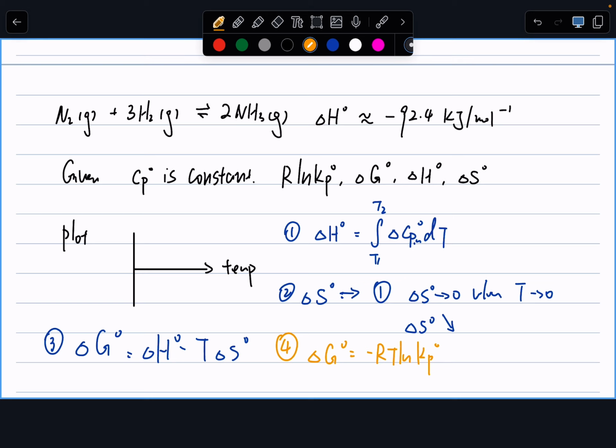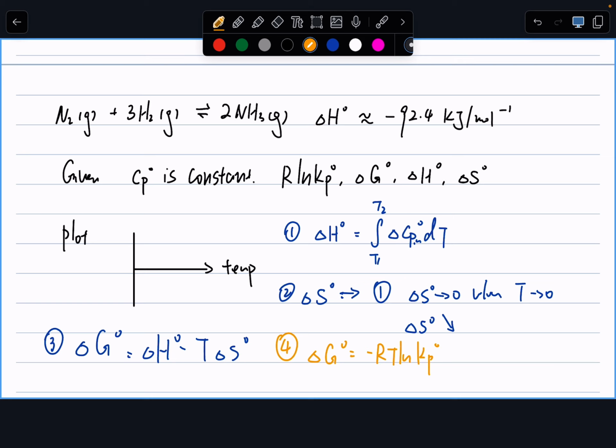And the other thing to think about is since my delta G naught equals negative RT ln Kp, when my delta G naught equals 0, we cross that 0 at the x-axis.